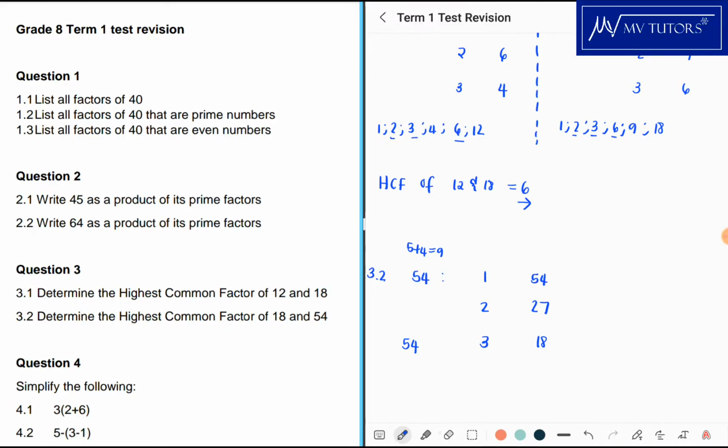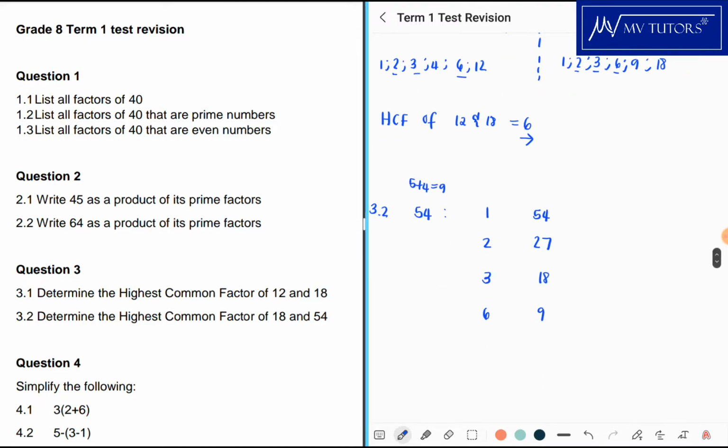I think 6 times 9, all right? 6 times 9 should give you 54. So we have 6 and we have 9. And yeah, I think those are all the factors. So if we write down the factors of 54, we have 1, 2, 3, 6, 9, 18, 27, and 54.